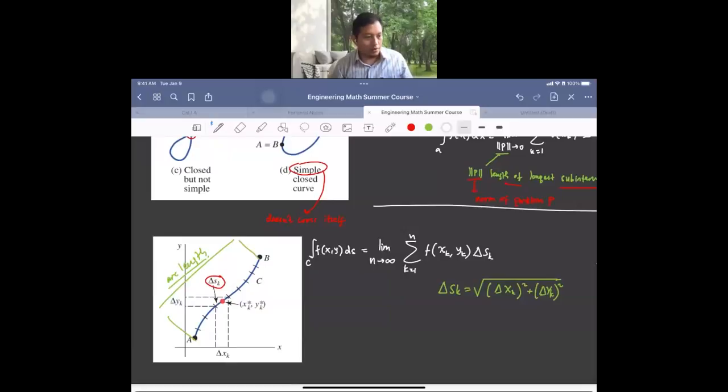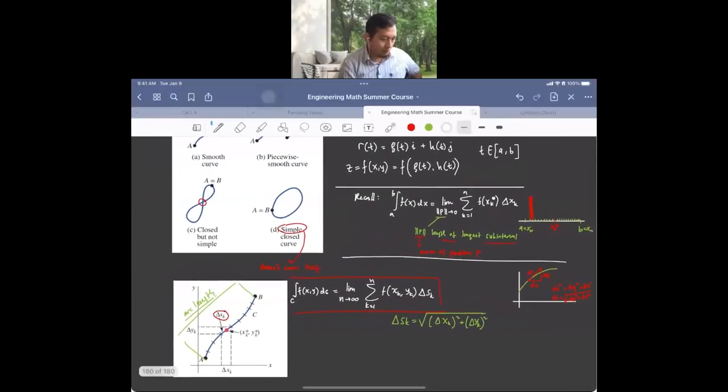Now let me give you the more general definition. I will write it with the same terminology as the books, so we will have the same terminology.